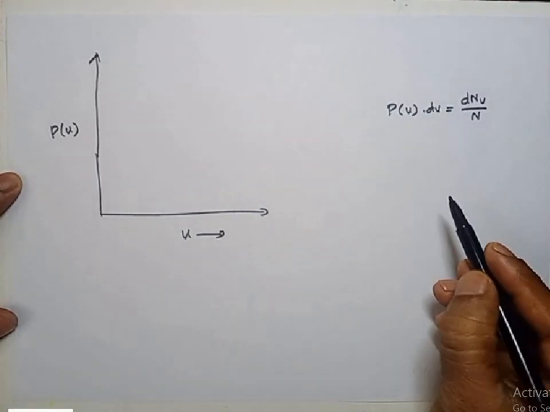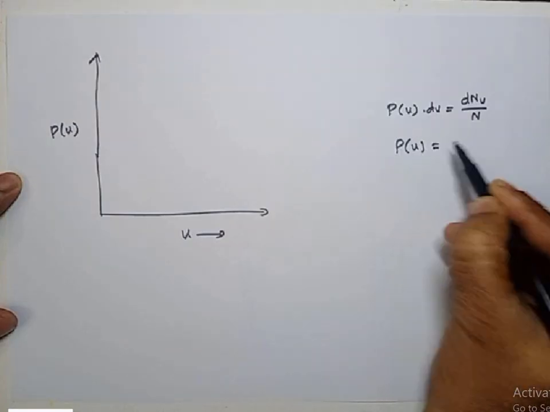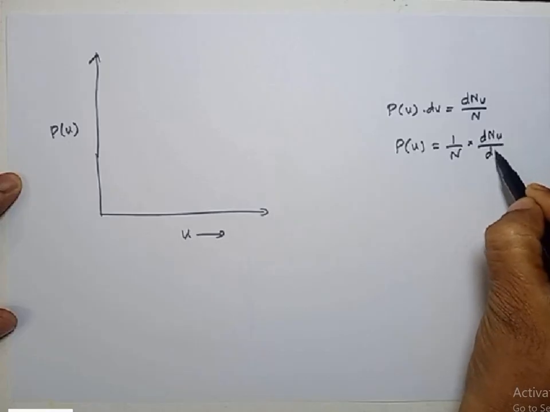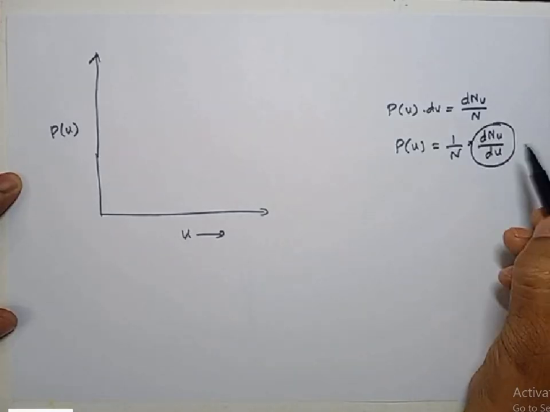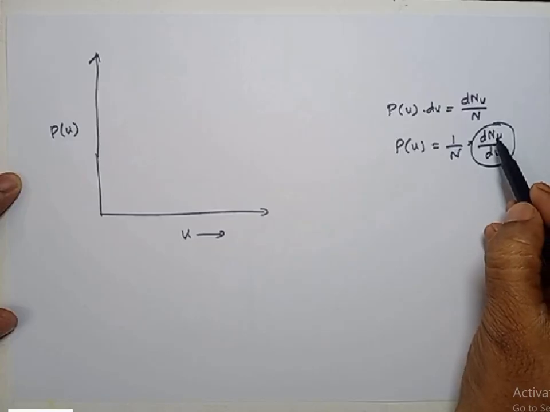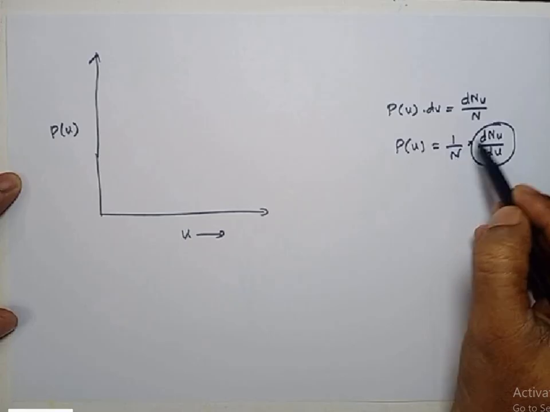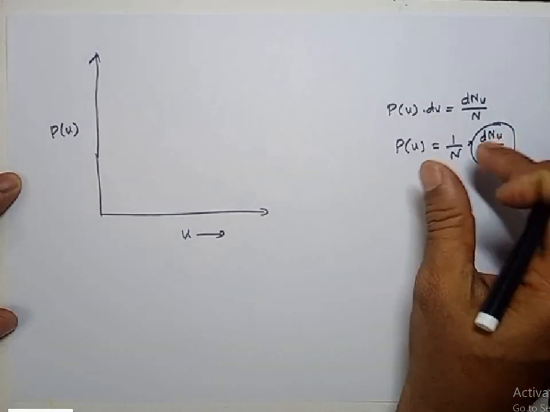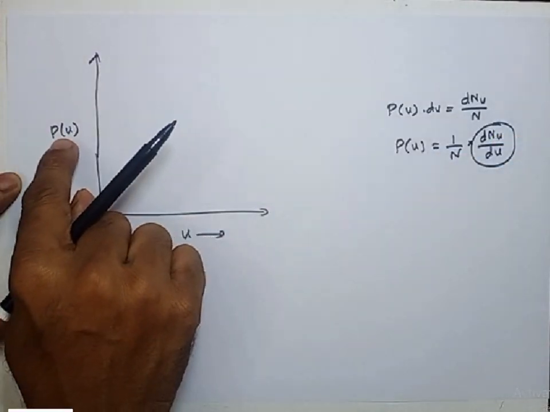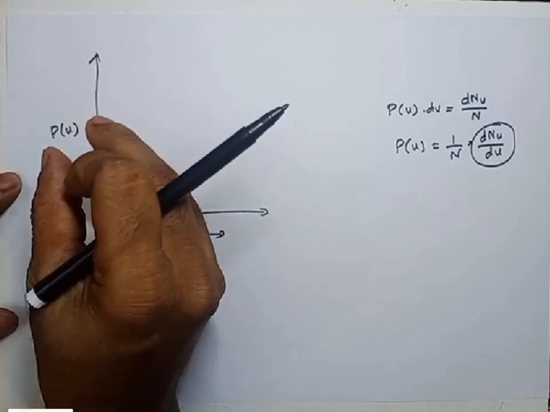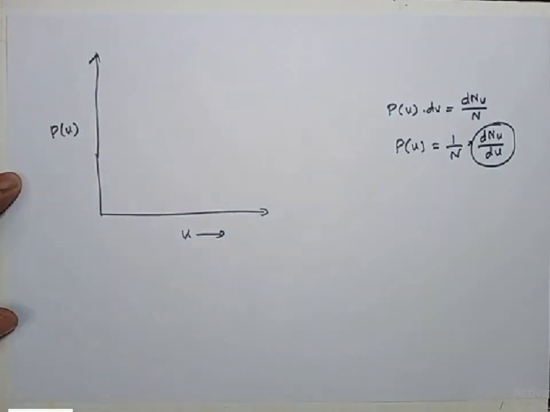I can also write this as P of u is equal to 1 by n into dnu by du. So the number of molecules having a particular velocity u divided by the total number gives the fraction of molecules having velocity u. So this probability is also equal to the fraction of molecules having velocity u.